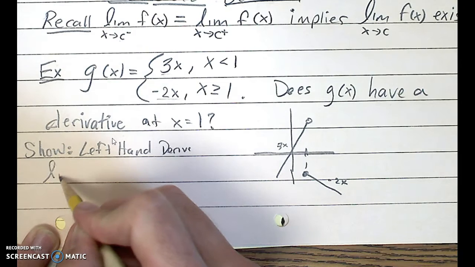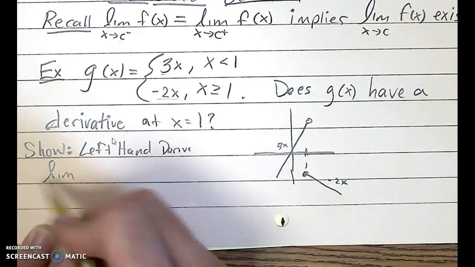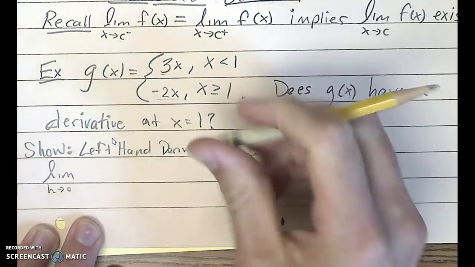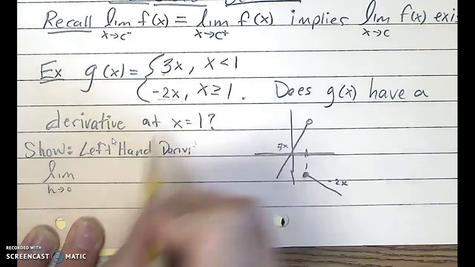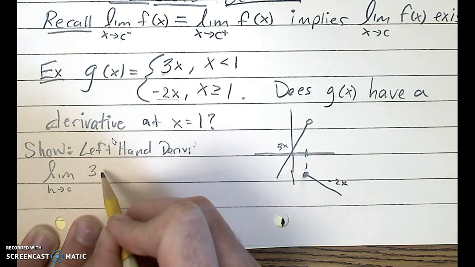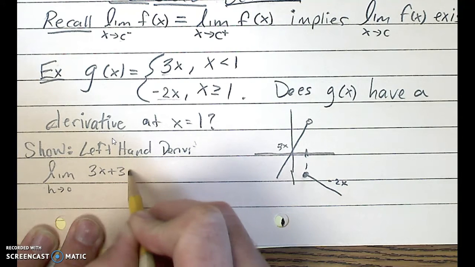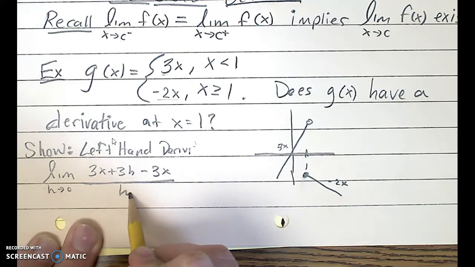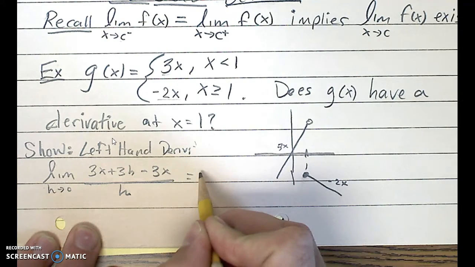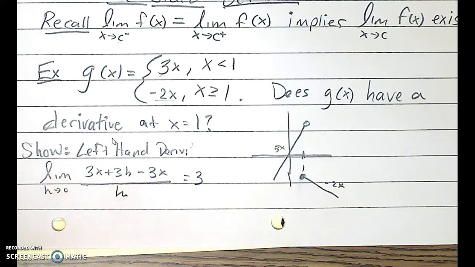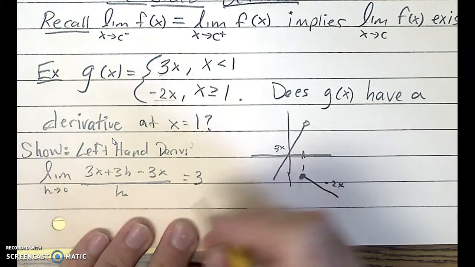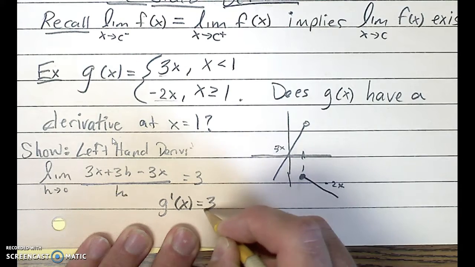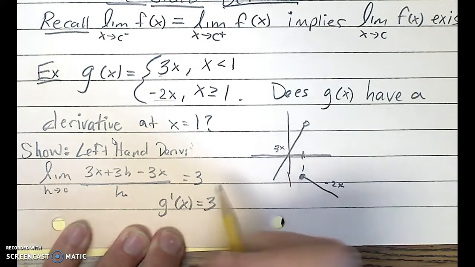So we find that by the limit as h approaches 0 of 3x plus 3h minus 3x all over h, which is going to simplify to 3. Okay, so here is g prime of x to the left.